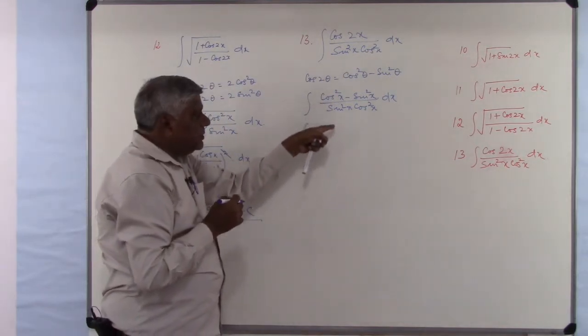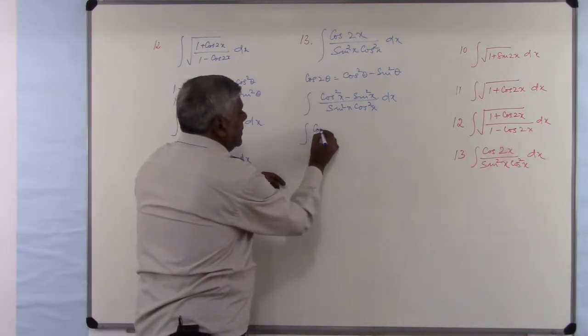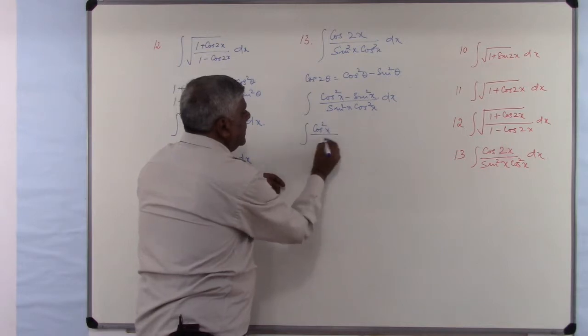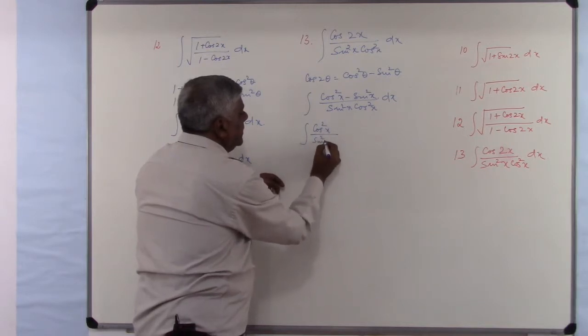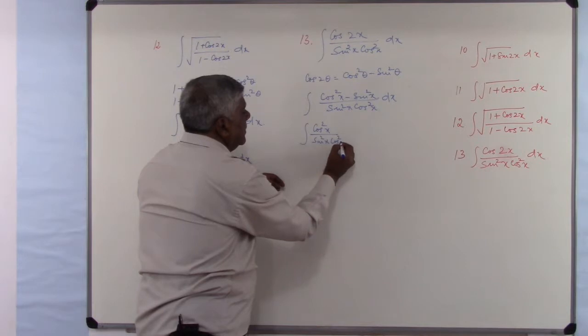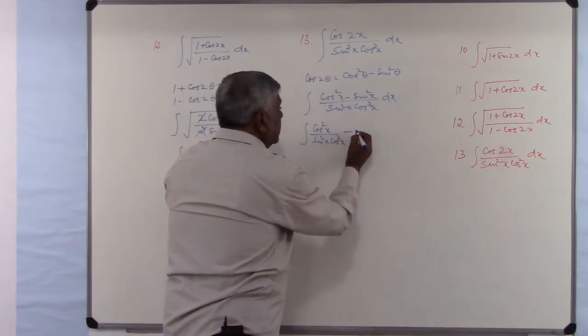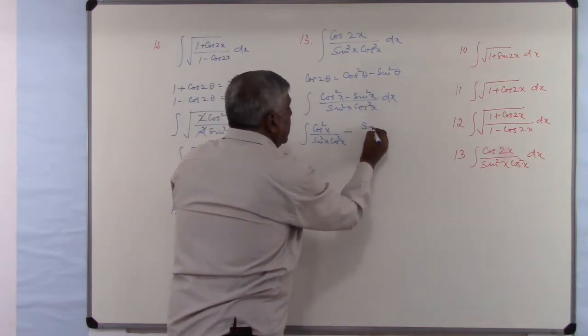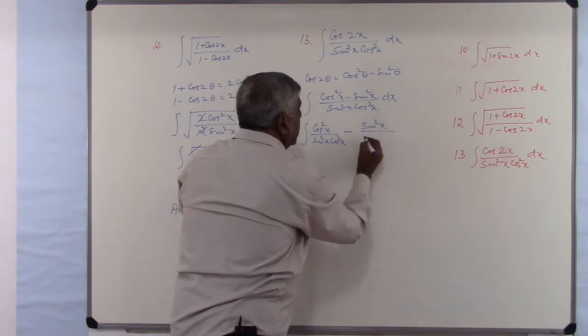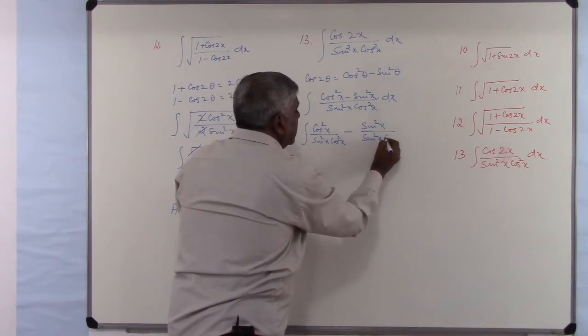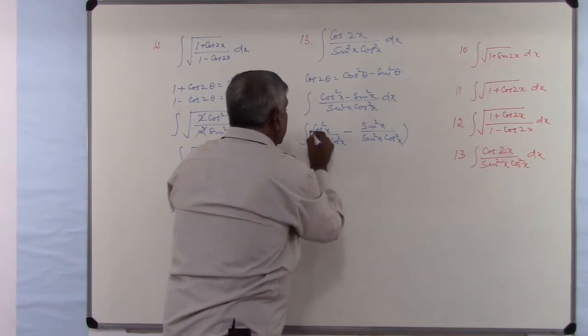See, I am going to split this like this: cos square x by sin square x cos square x minus sin square x by sin square x cos square x, dx.